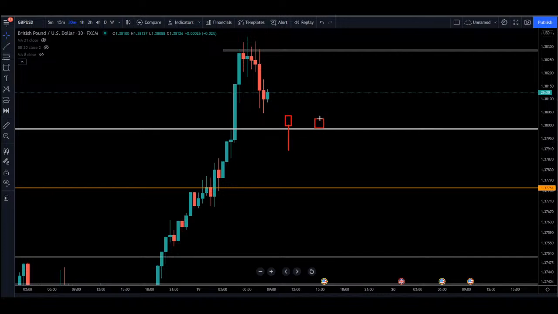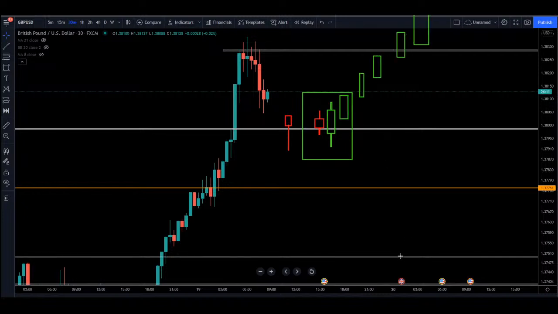Something like this, a regular candlestick, and then I have something like this, a bullish engulfing candle like that. If something like this happens, I'm gonna open a buying position here. So if I have those types of candlestick patterns, then I go long.